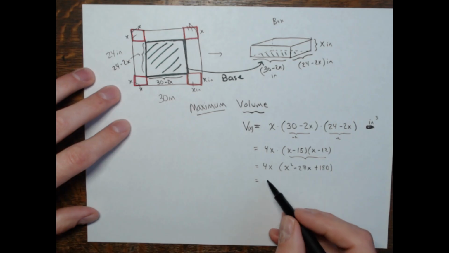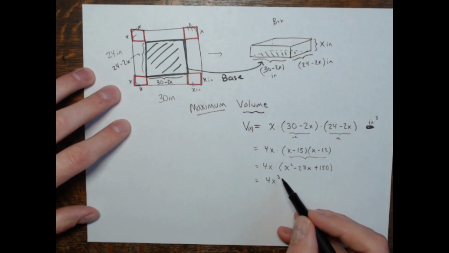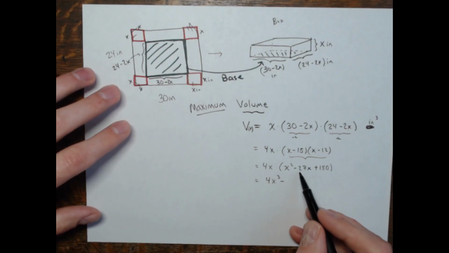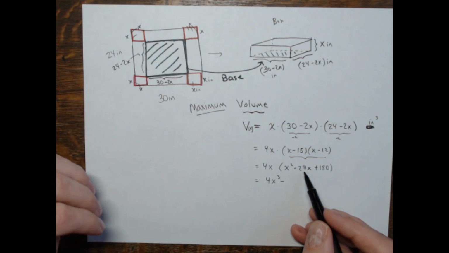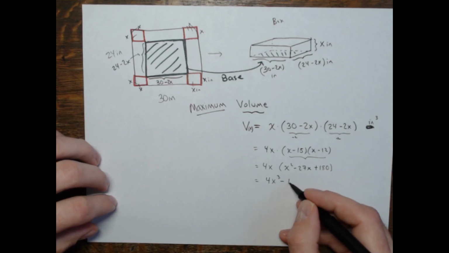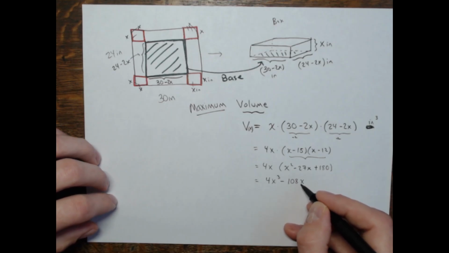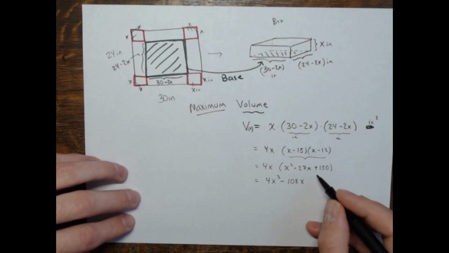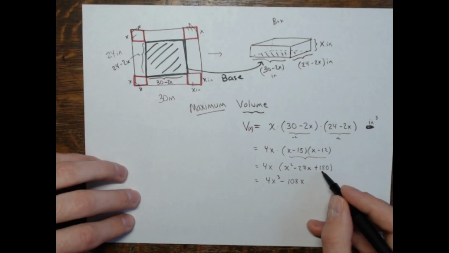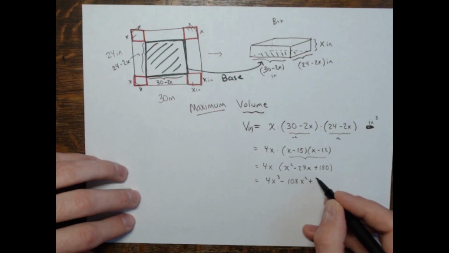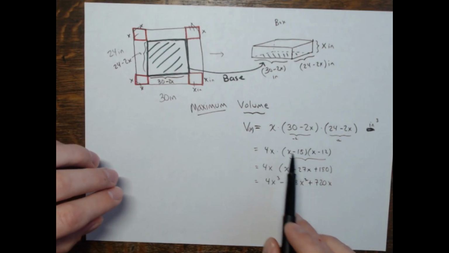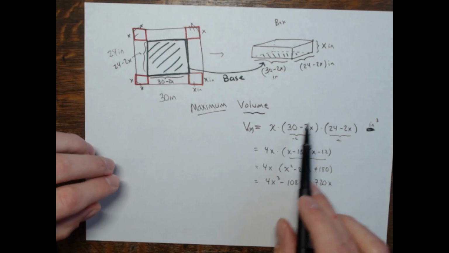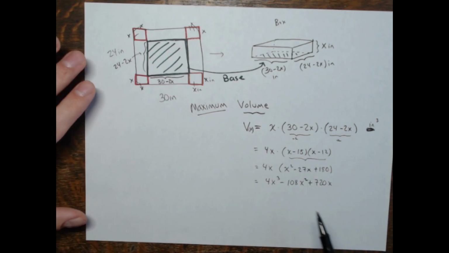And then putting the 4x in, you got 4x cubed minus, and then 80 and 28, 108, right, minus 108x squared, and then 4 times 180, 40 and 32, 72, so that'd be plus 720x. Right, this would be x squared in the middle here. All right, so all these are the same. These are all the volume function.